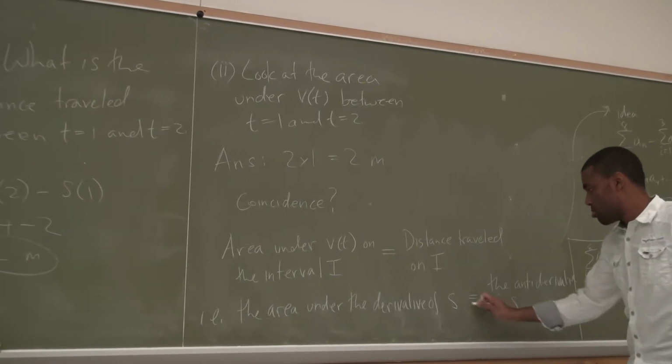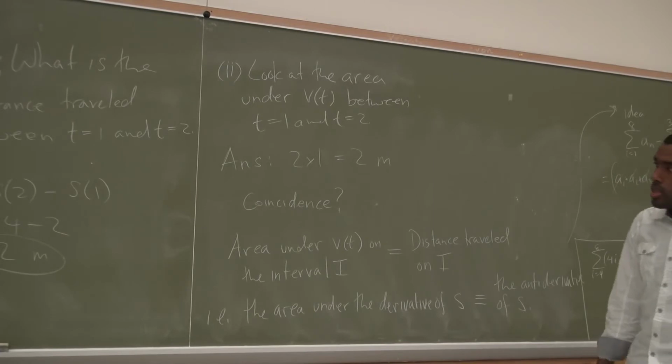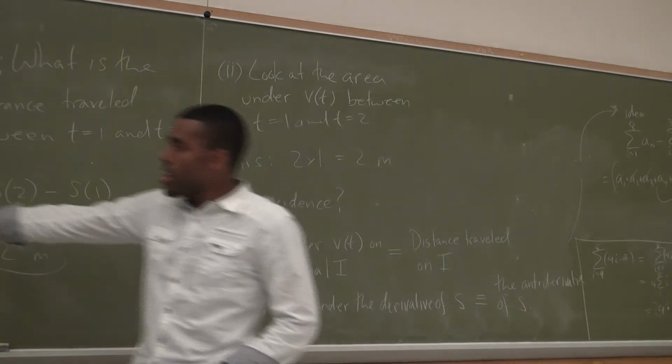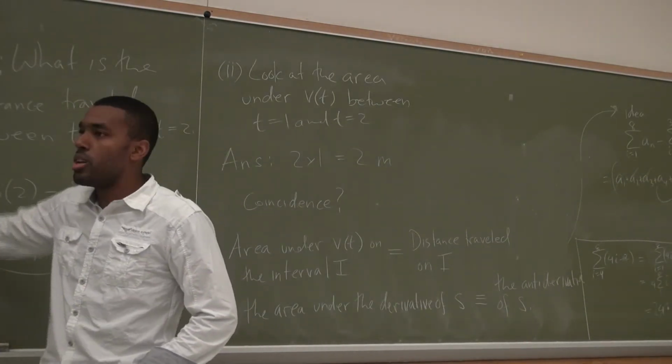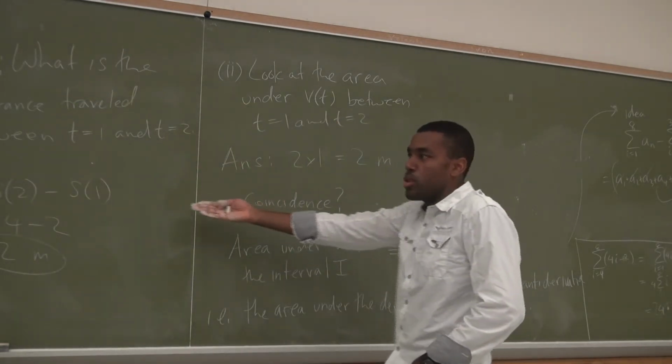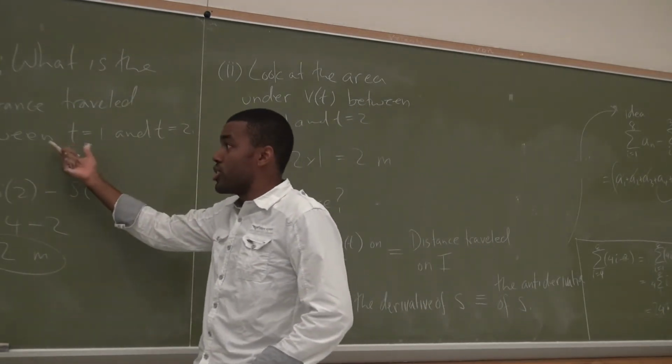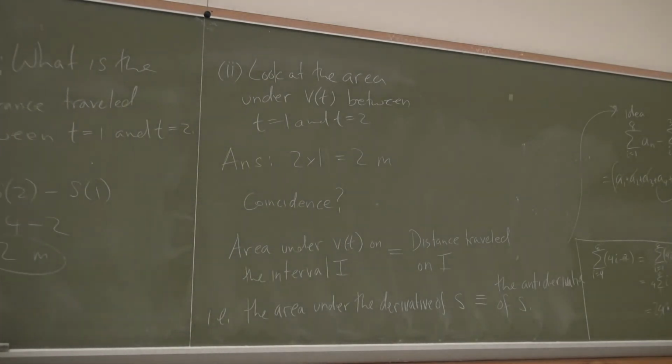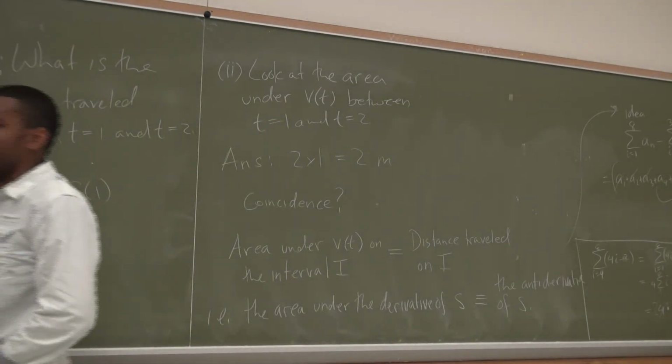Or I should say equivalent in some sense. Basically, I can use the area under the velocity function to tell me about the position function. Did you notice that that's essentially what I could do? I could look at the area under the derivative of s to tell me about the values of the original s in the first place.